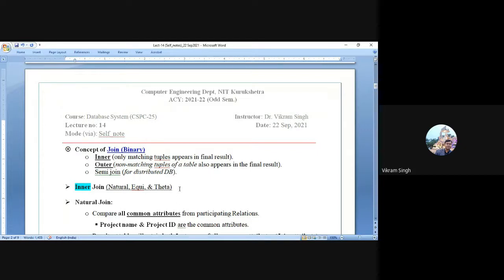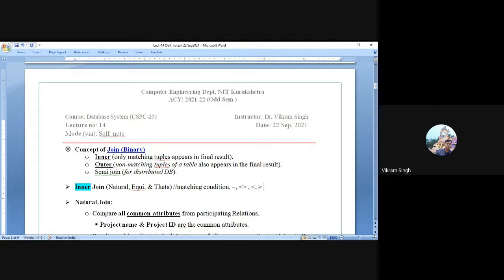If we are talking about selecting the matching tuples, the matching condition could be equal to, maybe not equal to, less than, or greater than.